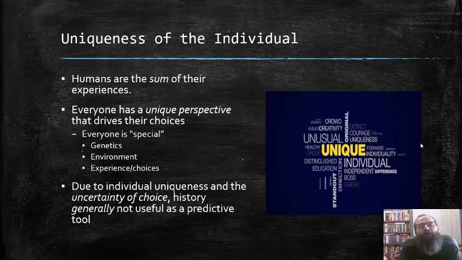Now, every single person has a unique perspective that drives their choices. Again, this goes back to what we talked about in the What is History presentation about the multitude of perspectives that merge together and diverge apart from each other in that spiderweb-like nature that influences how the overall interpretation of history is achieved.